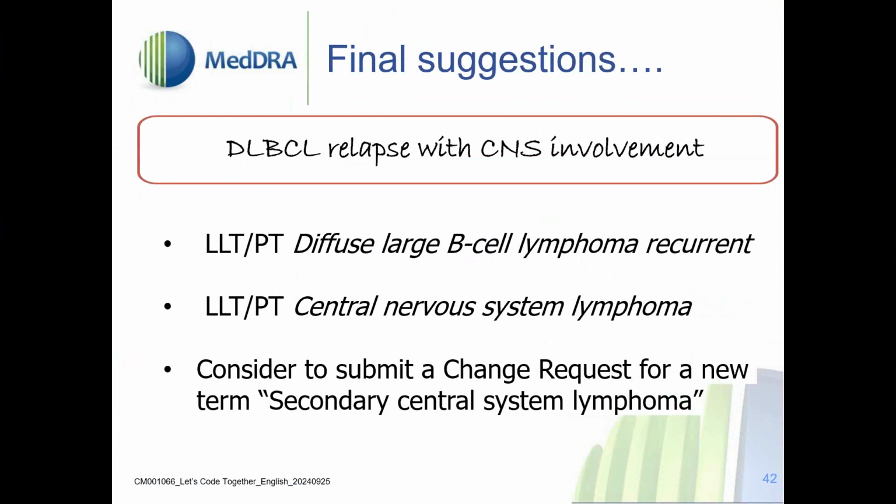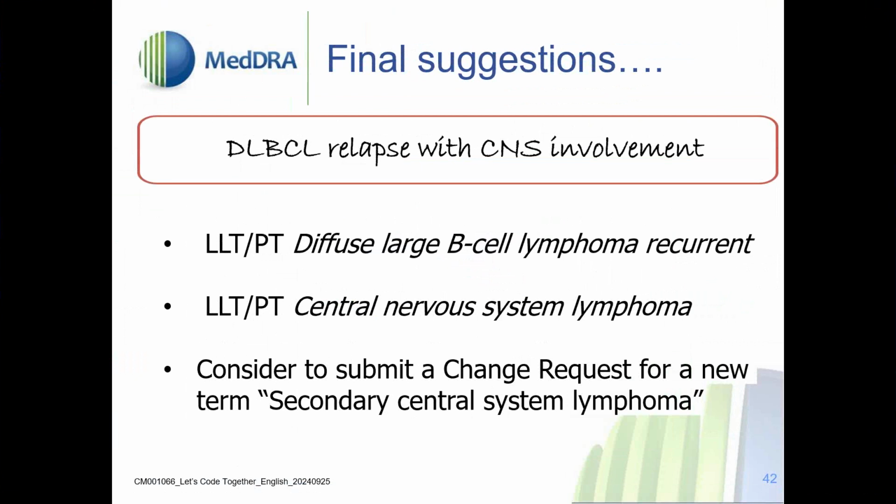So it's not that a primary CNS lymphoma has relapsed, but the relapse of the DLBCL manifests with CNS involvement. This is how we discussed it at length between ourselves. We would consider this a secondary, so a secondary CNS involvement. Thank you.